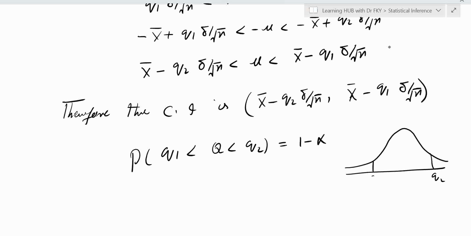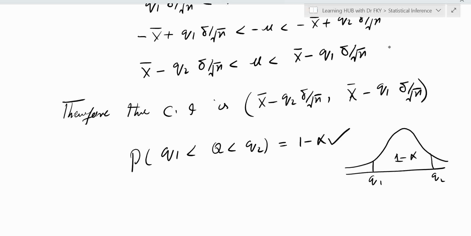There may be many Q1 and Q2 which satisfy this condition, but we need to search for those Q1 and Q2 which give the shortest confidence interval.